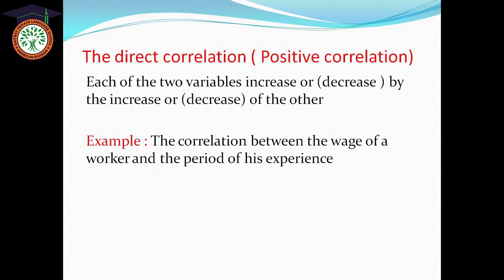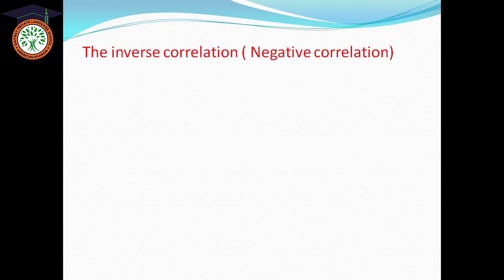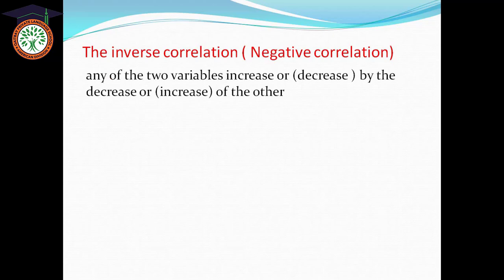Let's see another type. The second type, the inverse correlation or negative correlation. Any of the two variables increases by the decrease of the other one, or any of the two variables decreases by the increase of the other one. One increases, the other one will decrease.